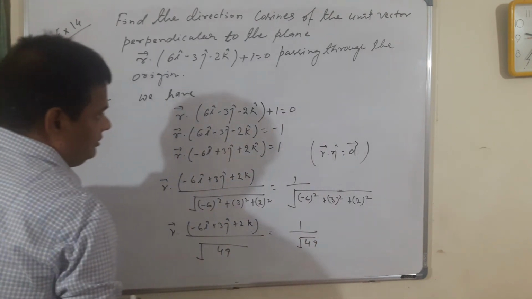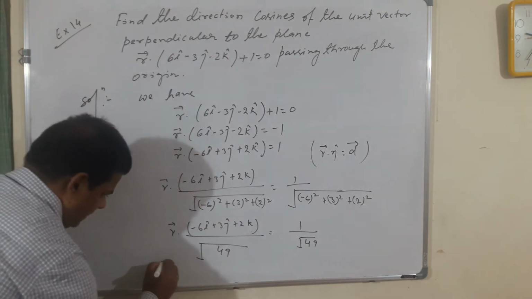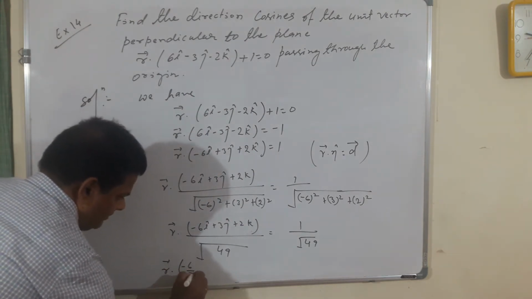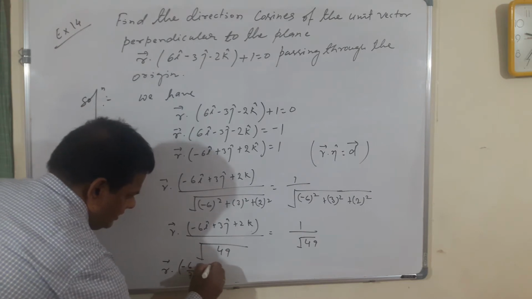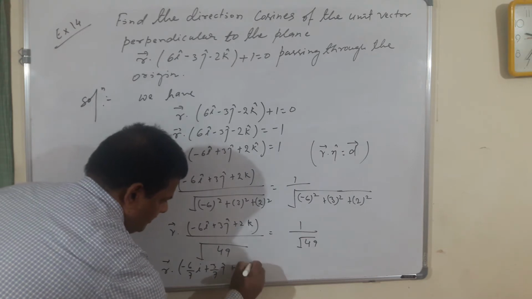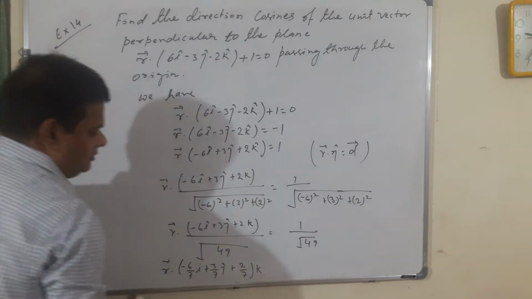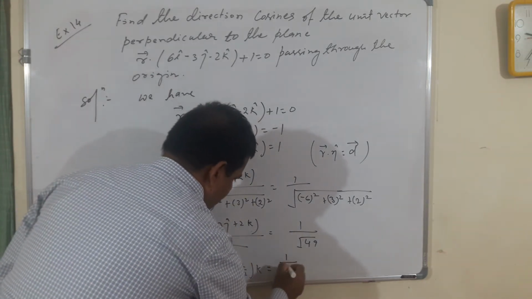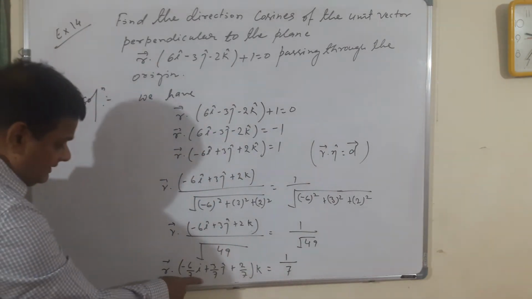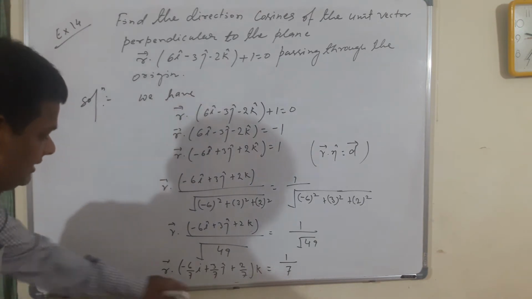So this is equal to vector r dot minus 6 by 7 i plus 3 by 7 j plus 2 by 7 k is equal to 1 by 7. So now this is your unit vector n.